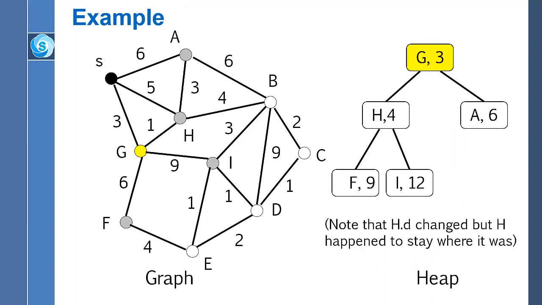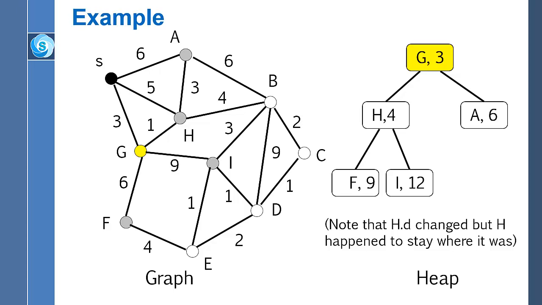We're all done processing the vertex S, so its state becomes processed, and I'm representing it as a black vertex in the graph. And because S has been processed, it is removed from the heap, right? It was at the top of the heap, but now I've removed it.